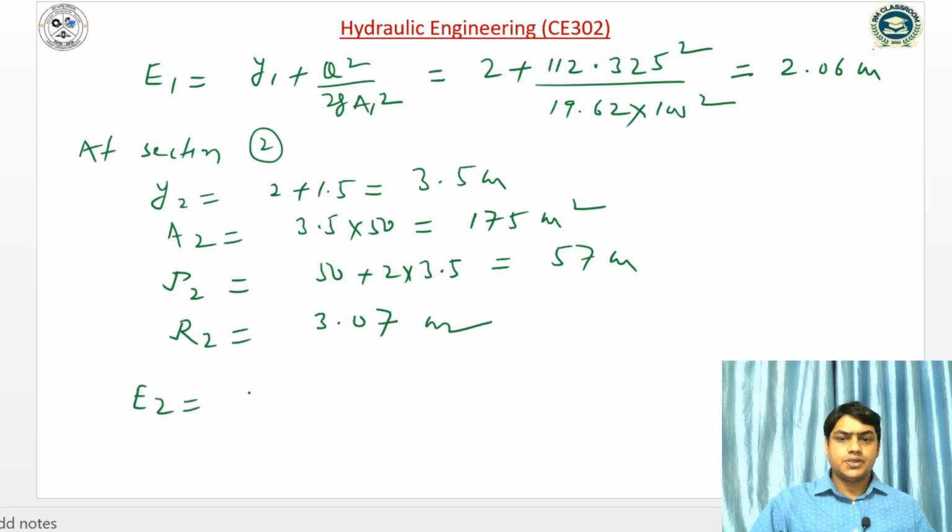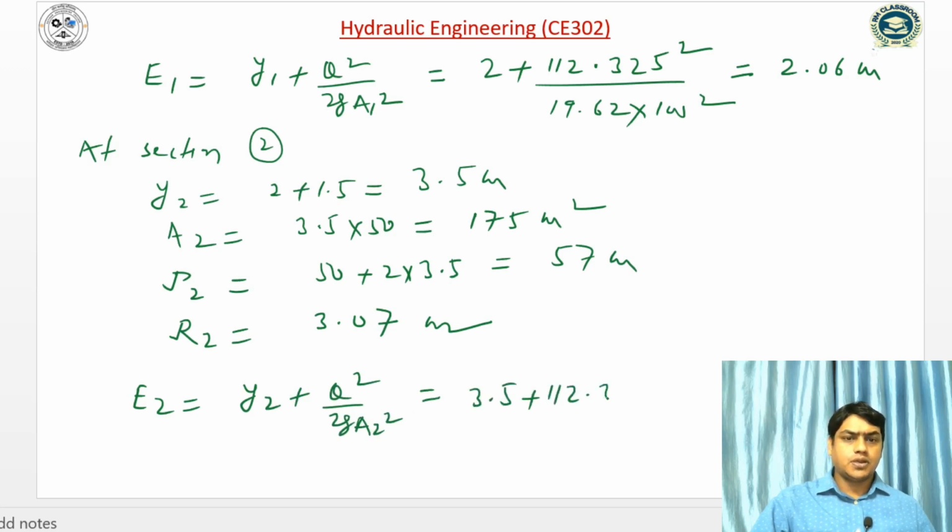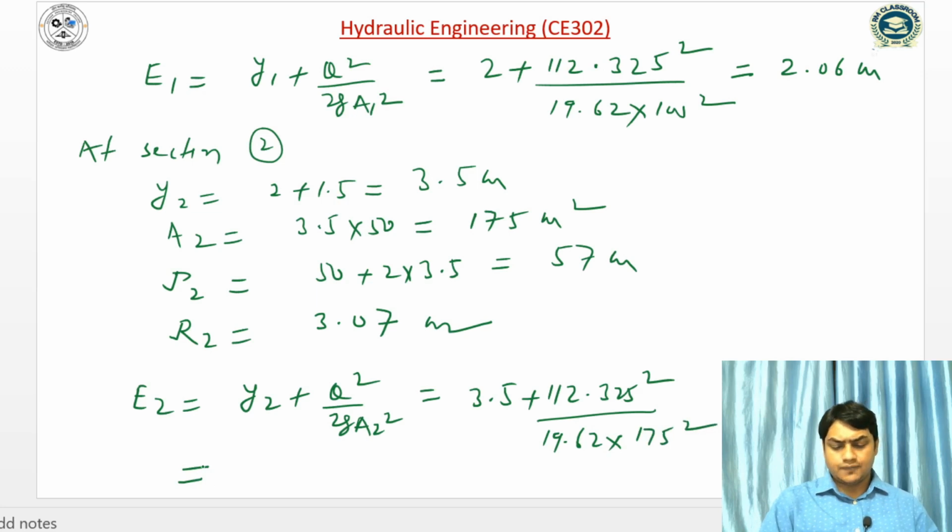So E2 can be computed as y2 plus Q square by 2g A2 square. So y2 is 3.5 plus 112.325 whole square divided by 19.62 into A2, A2 is 175 whole square. So it will be 3.52 meter.